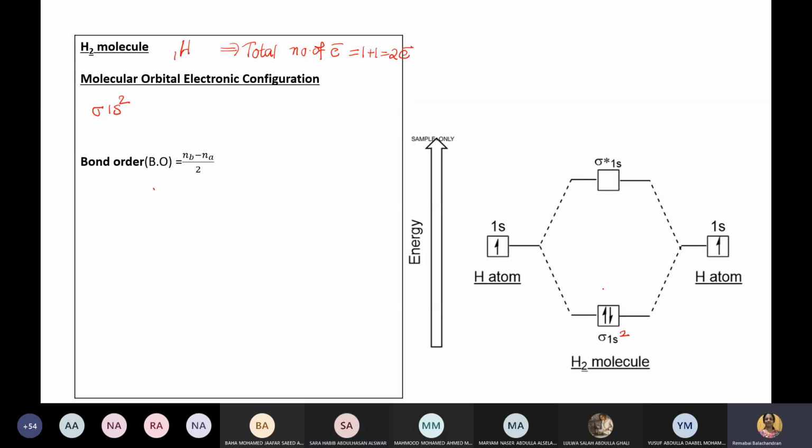This is the molecular orbital diagram, sigma 1s2 we did. And in sigma star there is nothing, we have only 2 electrons. Now, there is something called bond order.